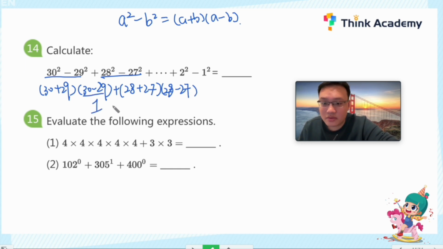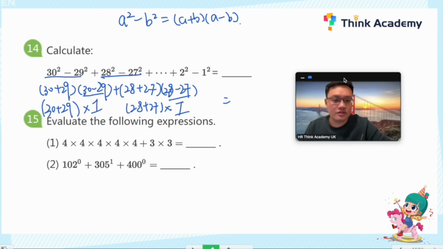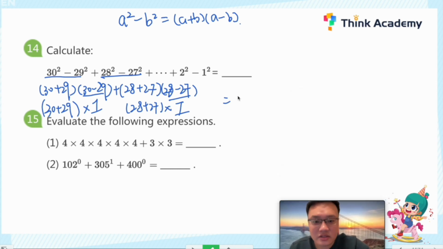And you see this is 1, and this is 1. So basically, what I've done, you just add 30 plus 29 times 1, and plus 28 plus 27 times 1. So if you do the calculation all the way down to 2 and 1, that would be 30 plus 29, right, times 1.